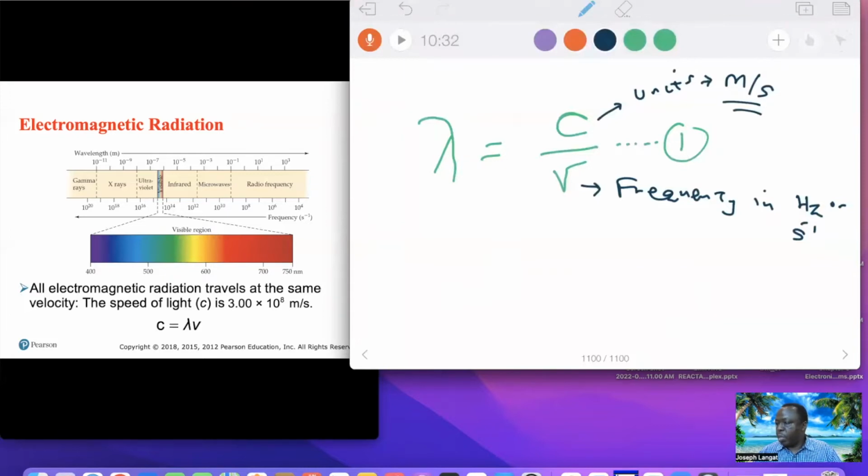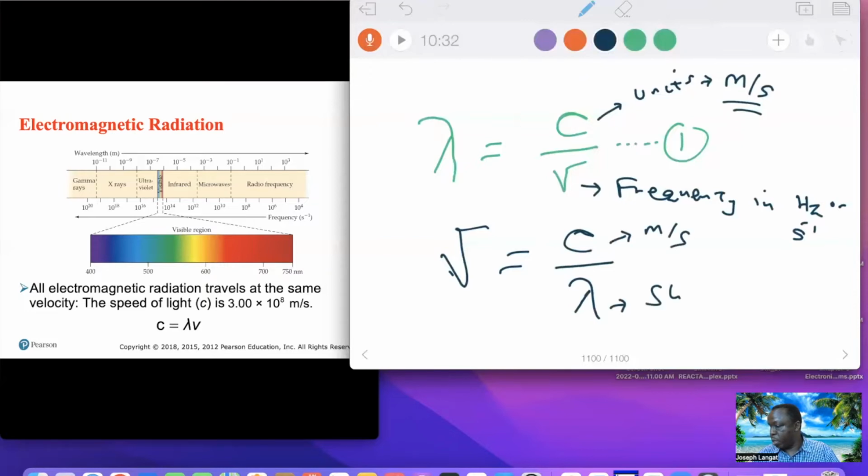Now, this main equation we can rearrange. Of course, no one will ask you to calculate the speed of light, it's given, but frequency on the other side is given by c, which is constant, over the wavelength, and this is in meters per second. The wavelength should be in meters, so if it is in nanometers or angstroms, you need to change to meters.